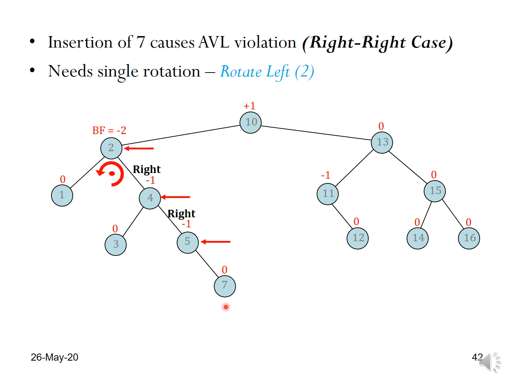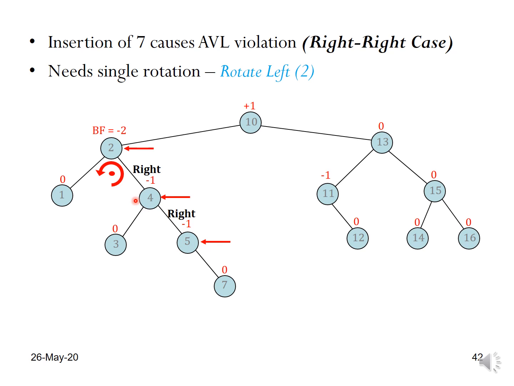First we will check the balance factor of all the nodes. The balance factor of leaf nodes like 1, 3, 7, 12, 14, 16 will be 0, and the balance factor of this 5 will be 0 minus 1, which is minus 1.